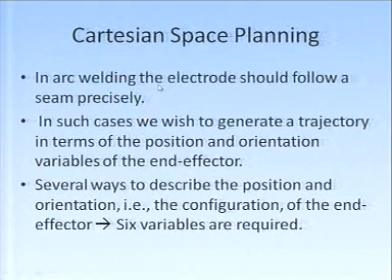So, in arc welding the electrode should follow a seam precisely. In such cases we wish to generate a trajectory in terms of the position and orientation variables of the end effector. There are several ways to describe the position and orientation, that is the configuration of the end effector, and we need 6 variables, 3 for positions and 3 for orientations.